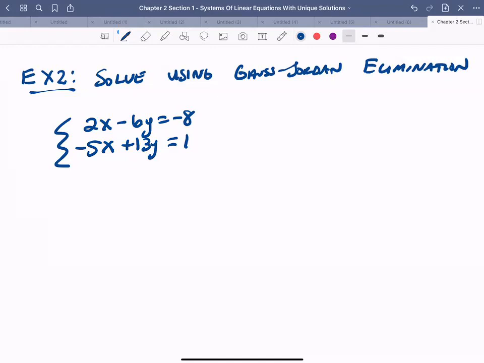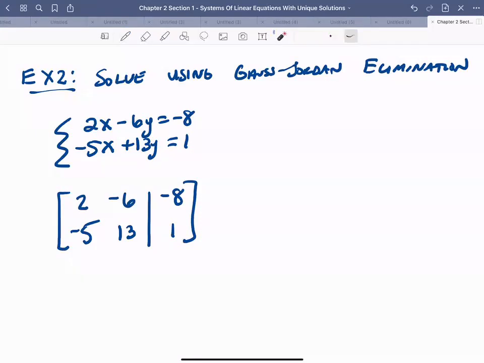So the first thing you need to do is write it as a matrix, an array of numbers. So we're going to rewrite it as 2, negative 6, negative 8, negative 5, 13, and 1. It's very important that you space out your values enough so you know where the separation is.